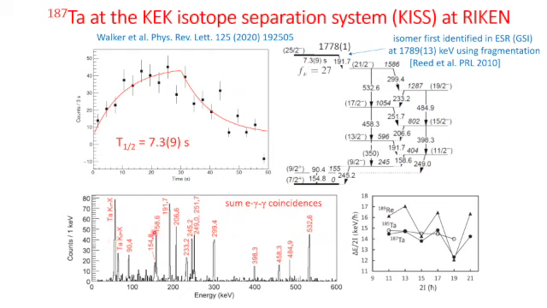This is gamma ray coincidences summed up, and there are a whole lot of gamma rays coming from the isomer that had been first identified in the storage ring at GSI 10 years previously, and the excitation energy matched pretty well. So the storage ring measurement was 1789 plus or minus 13, and now the gamma ray spectroscopy gives 1778 plus or minus 1.